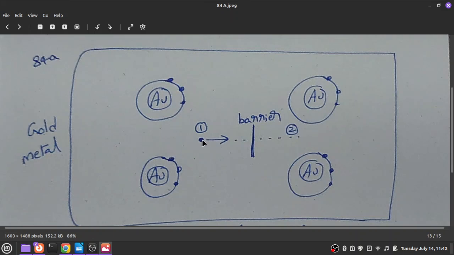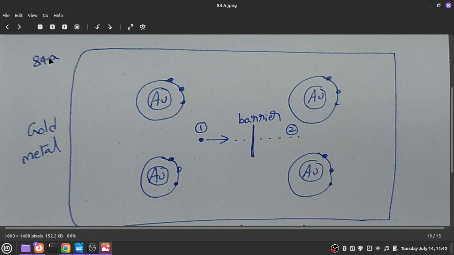But to move from position 1 to position 2, the electron is finding a barrier. So for the free electron to move from 1 to 2, it has to overcome this barrier. It has to jump over the barrier. For this it requires energy. This is the gold metal. In the gold metal there is a free electron, and to move from 1 to 2, it requires energy.